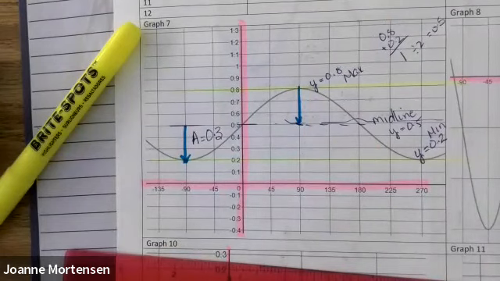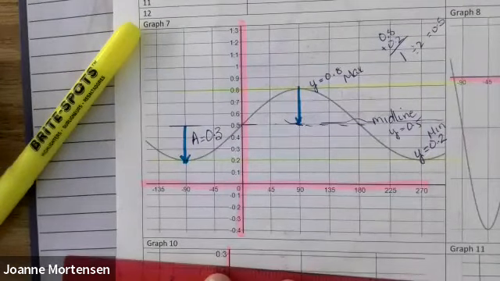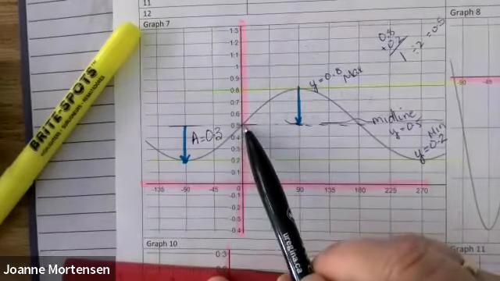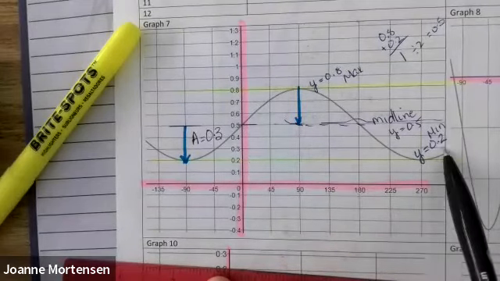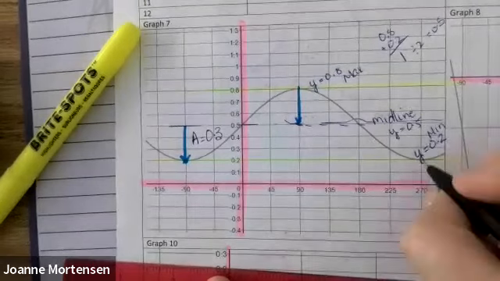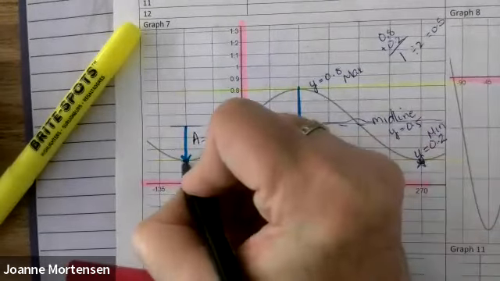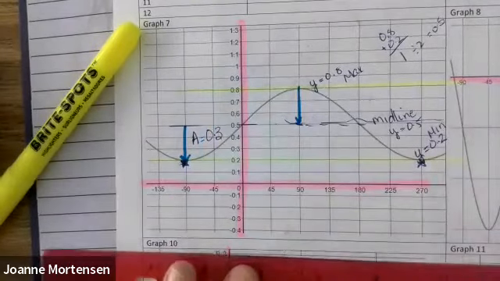And the other thing we need is the period. So the period is from, well, my brain wanted to do this one because I like starting at 0 because the math is just easier. But you can see it doesn't go all the way back up. So that's not going to work. So from here, I'm going to go from a trough, which is like a minimum, to the next minimum.